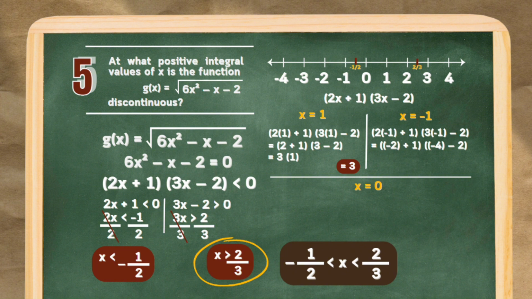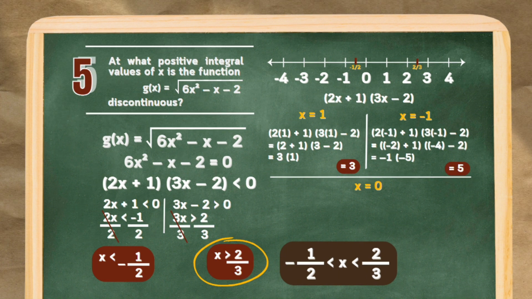And magta-times tayo ng negative 4 since 3 times negative 1 is negative 4. Ibababa lang natin yung negative 2. So, ang magiging naman is negative 1 times negative 5, which is 5.